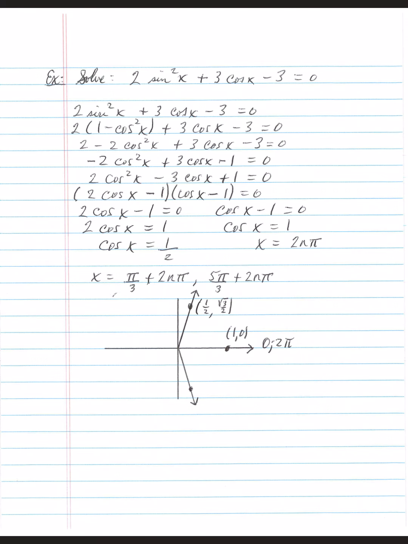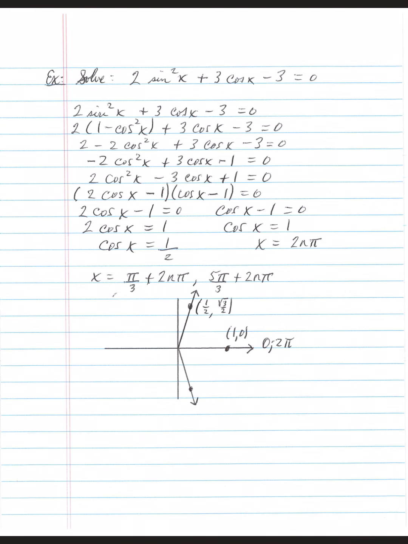Cosine has a period of 2 pi, so pi over 3 plus any full circle clockwise or counterclockwise will also be a solution. 5 pi over 3 plus any full circle, whether you go counterclockwise or clockwise, if it lands at this angle, it's a solution.